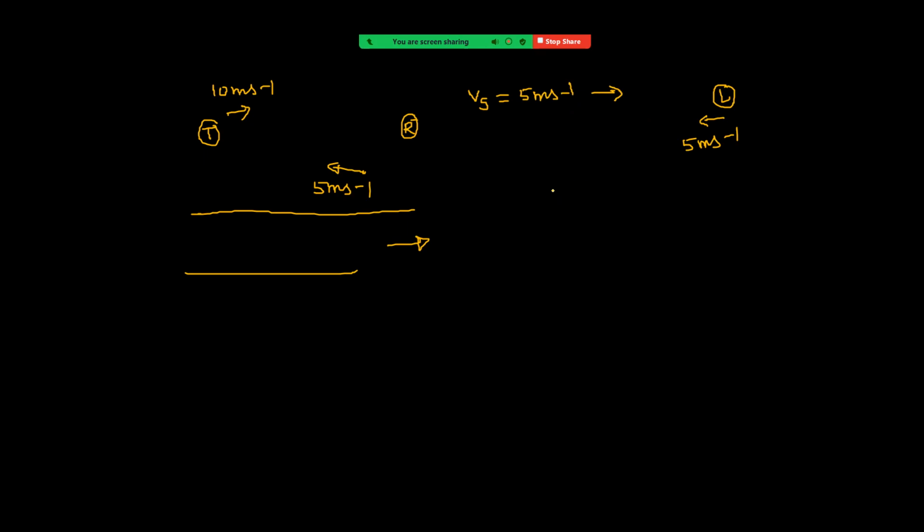So first I am calculating the velocity of sound in the air medium, which is equal to root of gamma RT by M. Gamma value is given, R value is given, T value is given. T we have to take in the absolute scale, Kelvin, and the mean molecular mass. By substituting all these values, this speed comes out to be 344 meter per second.